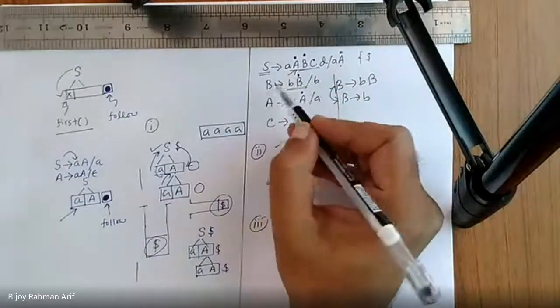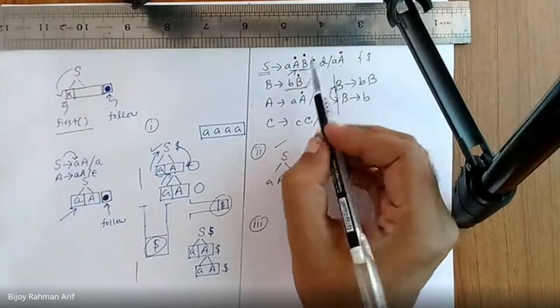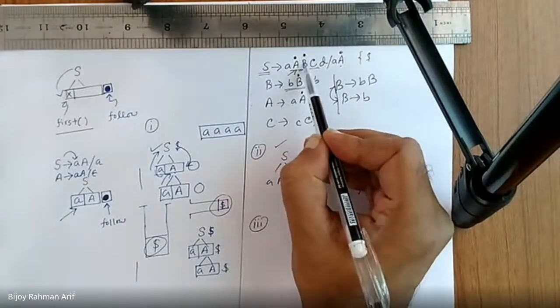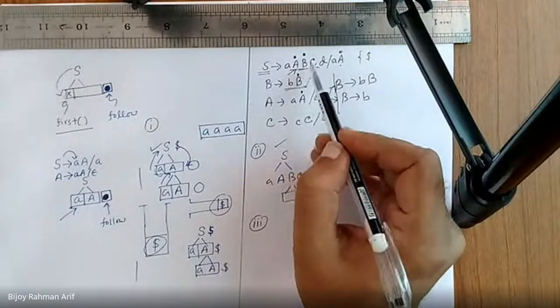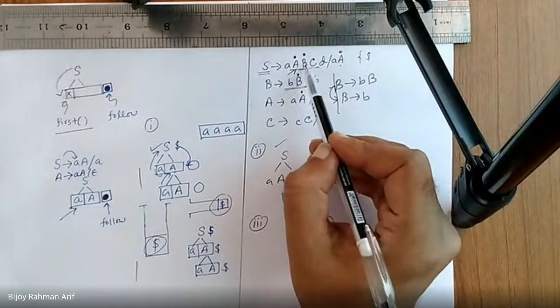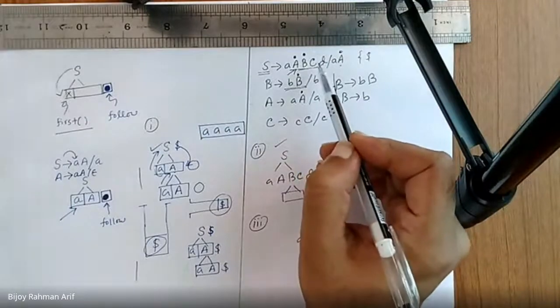In this case, when we try to find out follow of B, we look at where B is on the right hand side. It is here and it is here. So what would be the follow of B? Just after B there is a C, so first of C.